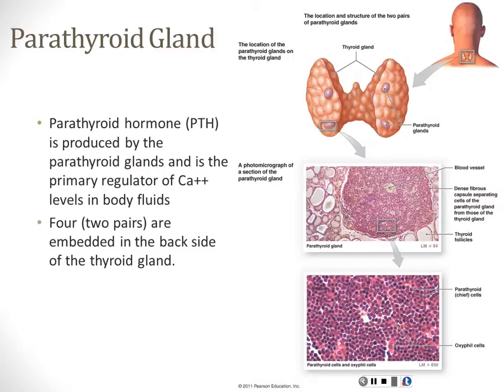Calcitonin is produced in those other kind of cells in the thyroid gland we talked about last time. The C cells, the clear cells, they produce calcitonin, and calcitonin causes a decrease in blood calcium. So if I give you calcitonin, your calcium level decreases.